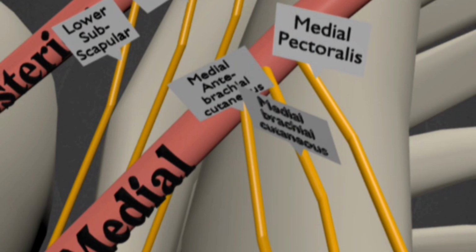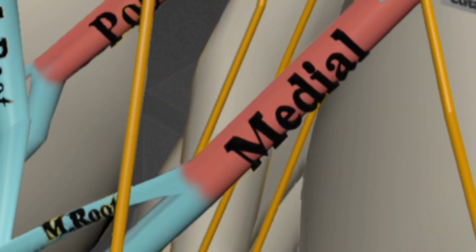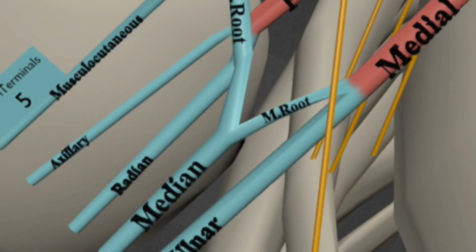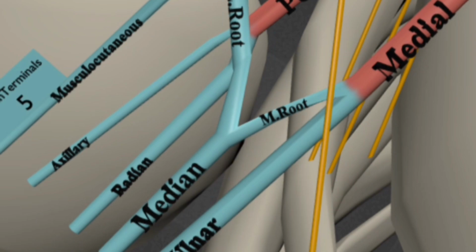And moving on to the next M, that is median nerve, formed by medial root of median nerve and lateral root of median nerve. Here you already know that a branch from lateral cord, that is lateral root of median nerve, unites with medial root of median nerve, which is a branch of medial cord, to form median nerve.